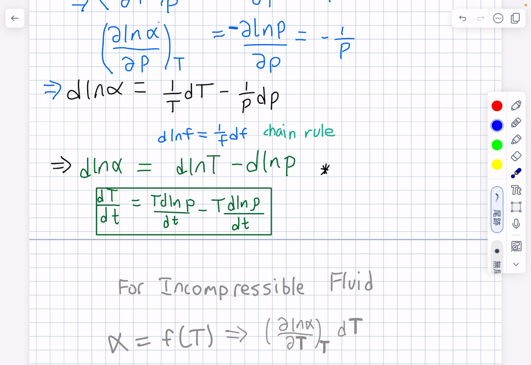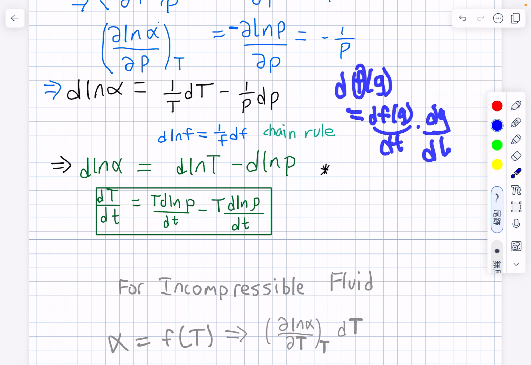So if we take the derivative of a function f of g, where g is an inner function inside of the function f, then that will be equated to df/dg times dg/dt.